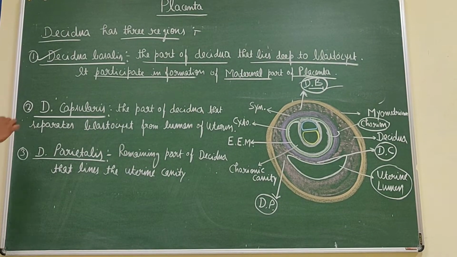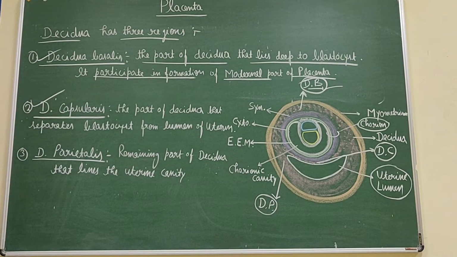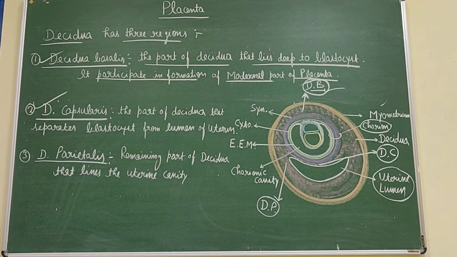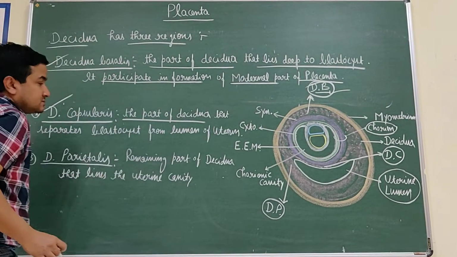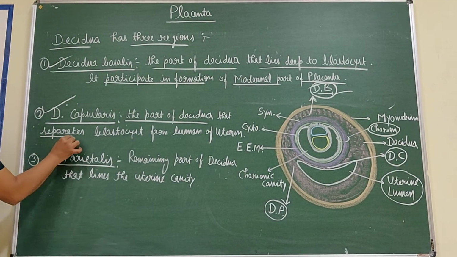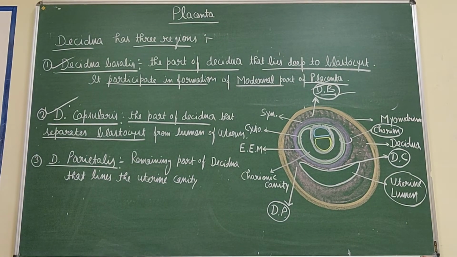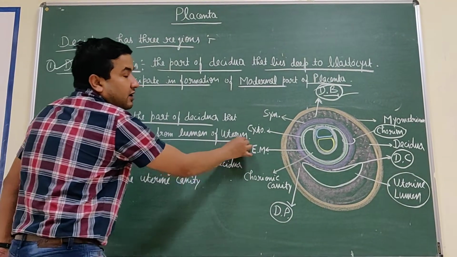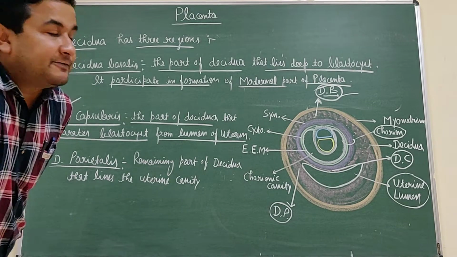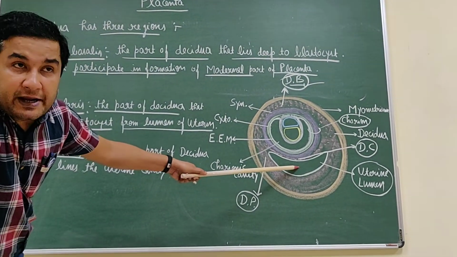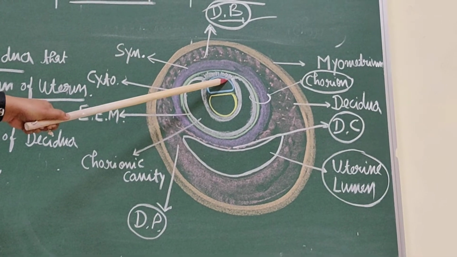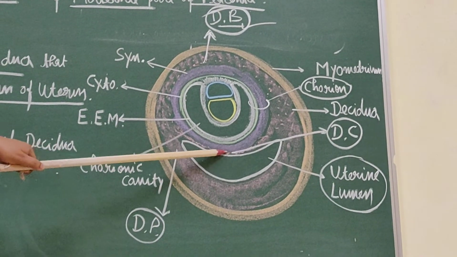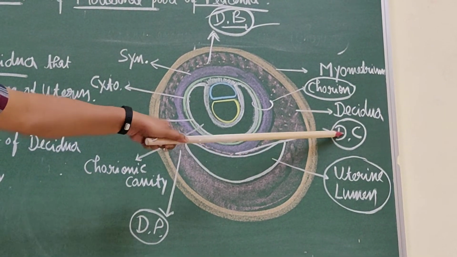Now the second part is the decidua capsularis. It is the part of the decidua that separates the blastocyst from the lumen of the uterine cavity. Now this is the lumen and this is the blastocyst, and this part of the decidua is the decidua capsularis.